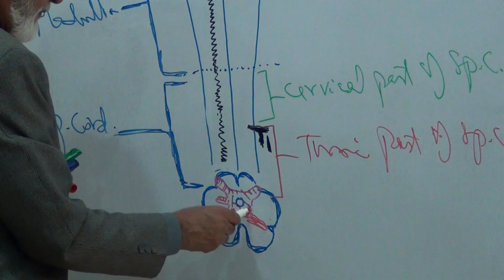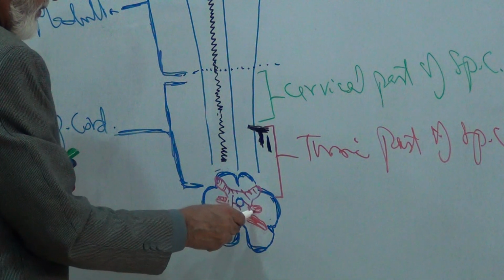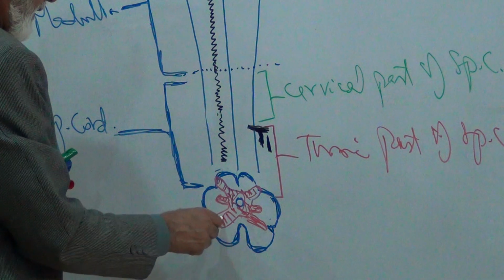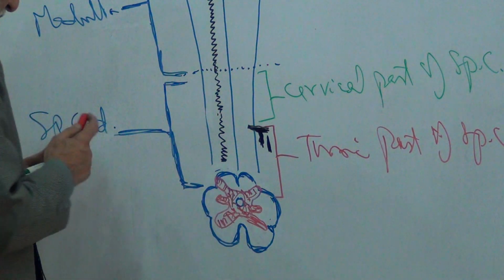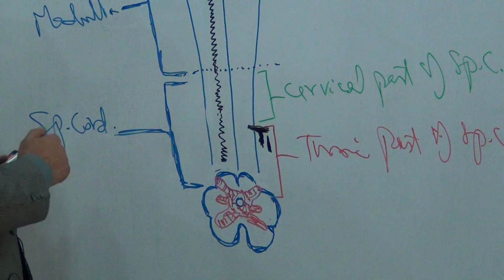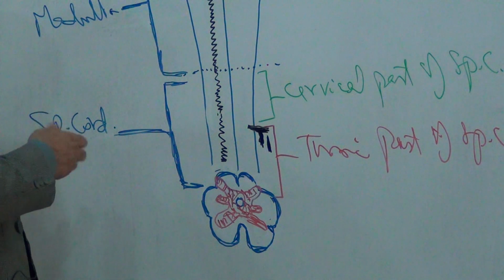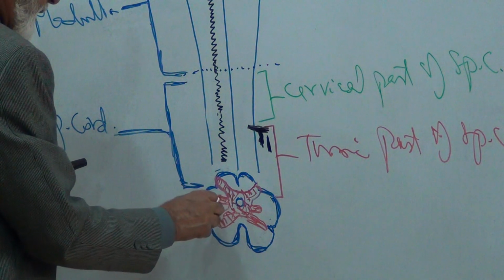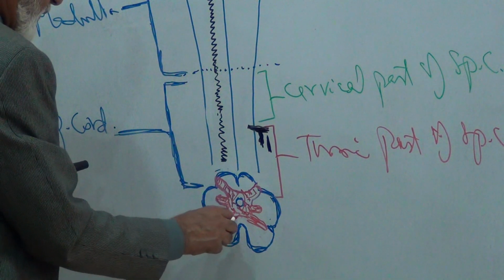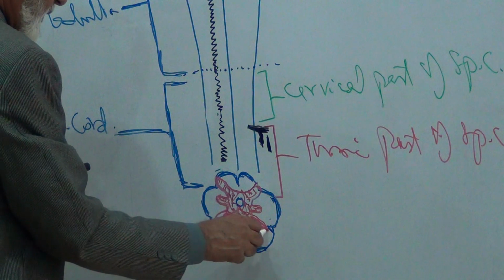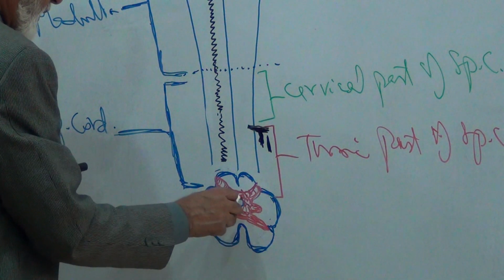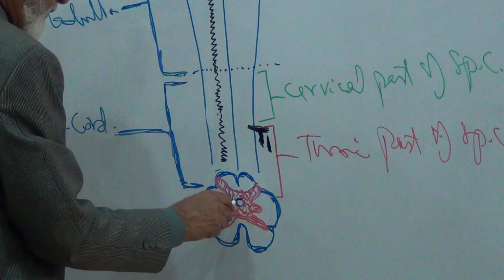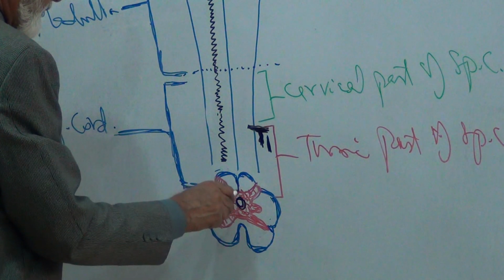Anterior gray column, and this is the lateral or intermediate gray column. Central canal.